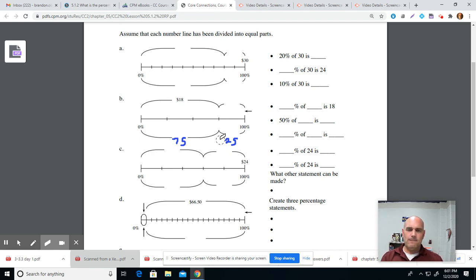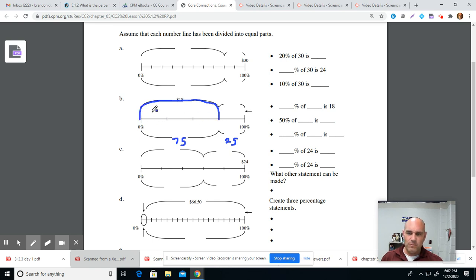All right, so now we've got this thing going on up here. So let's see, remember this is broken up into 4 chunks. So we need to find out what these pieces are worth. How can we do that? Well, I know that this is worth 18. So from here to here is 18. And it's broken up into 3 pieces.